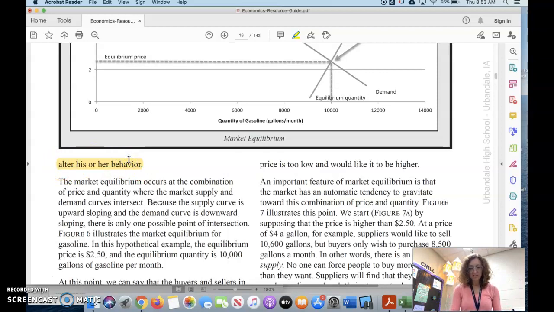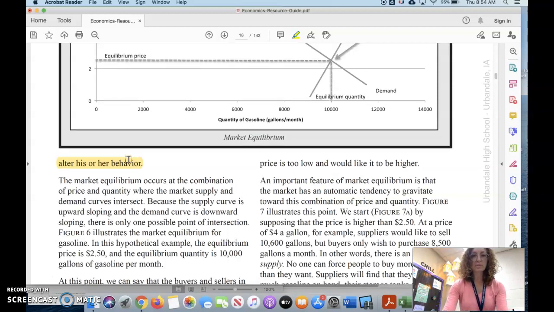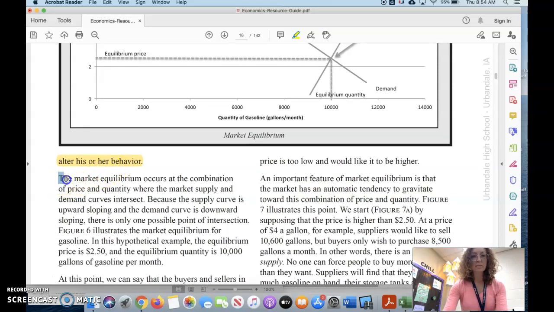When we don't feel the need to alter our behavior in economics, that is equilibrium. Here's another way of saying this. The market equilibrium occurs at the combination of price and quantity where the supply and demand curves intersect.